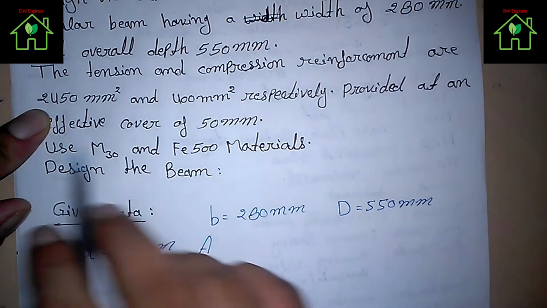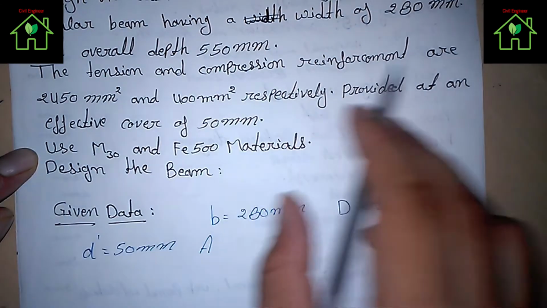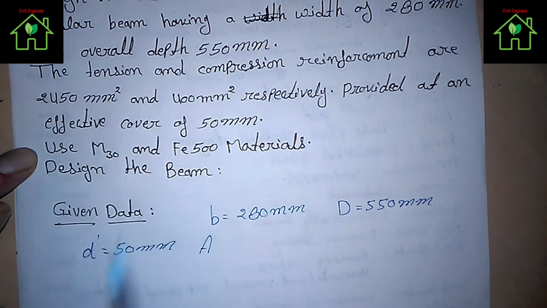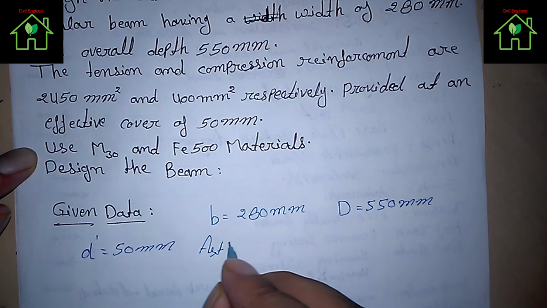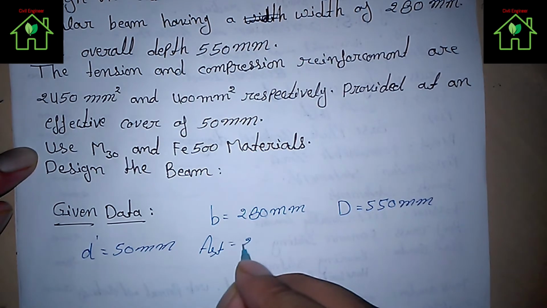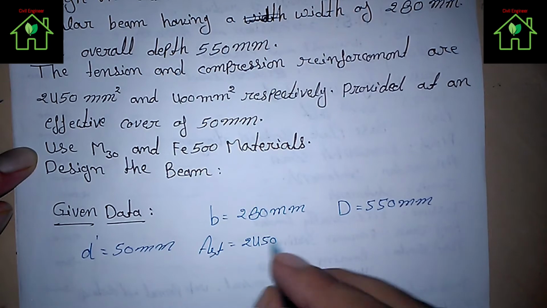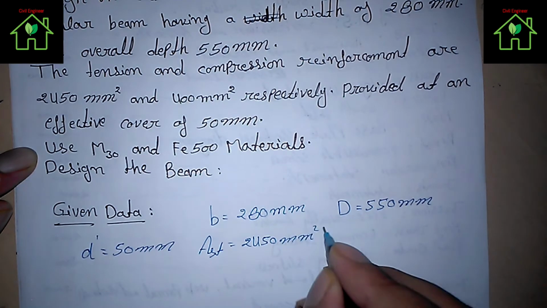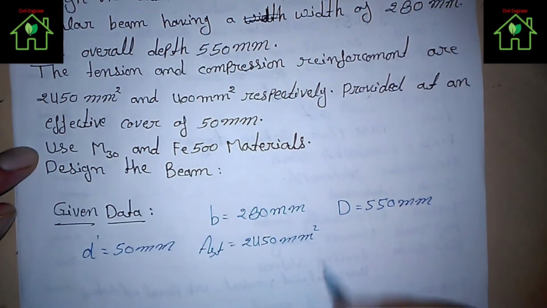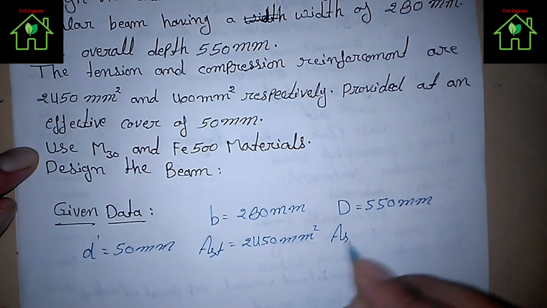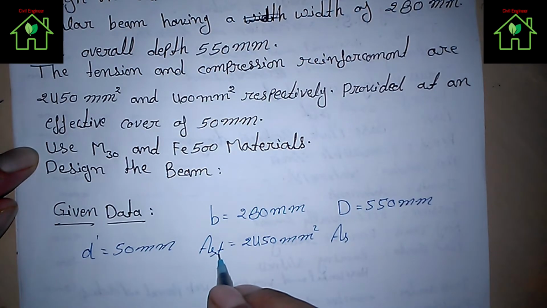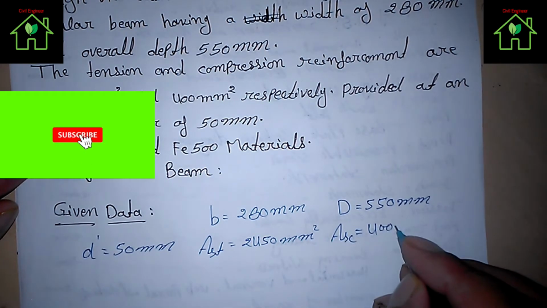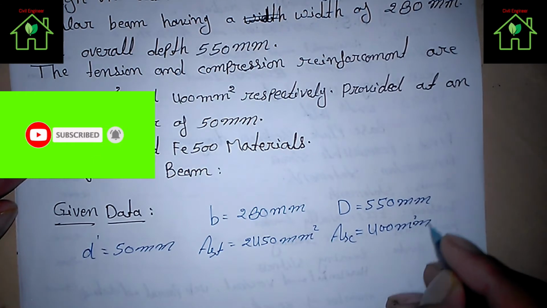So here the tension and compression reinforcement are 2450 mm square. So Ast is equal to 2450 mm square. Compression 400 mm square. So here Ast, T for tension, Asc, C for compression, mm square.